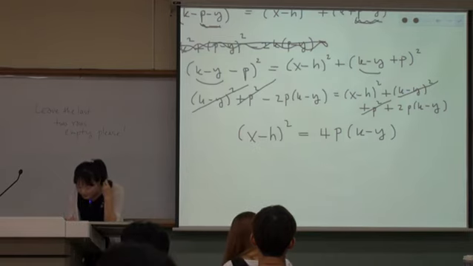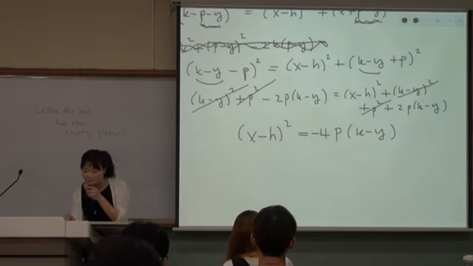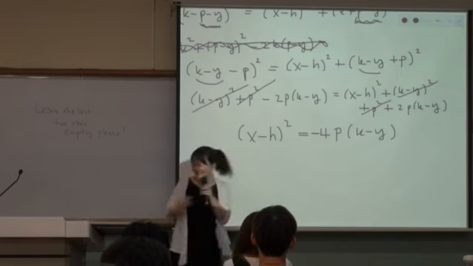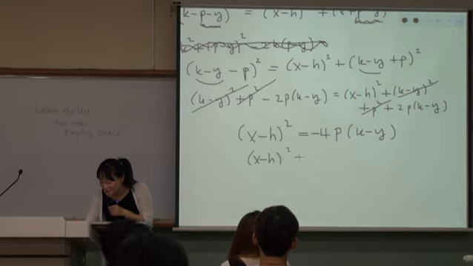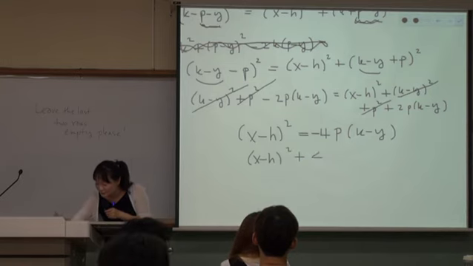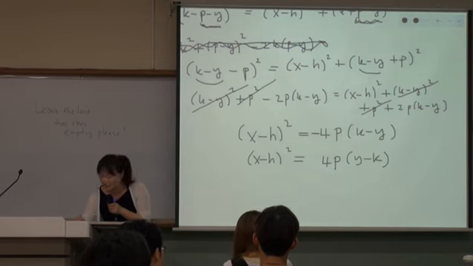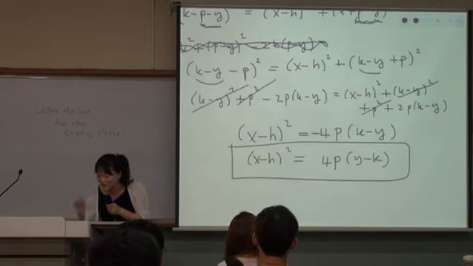So (x minus h) squared equals 4p(y minus k). Yep, that's what I wanted. Yes, thank you.